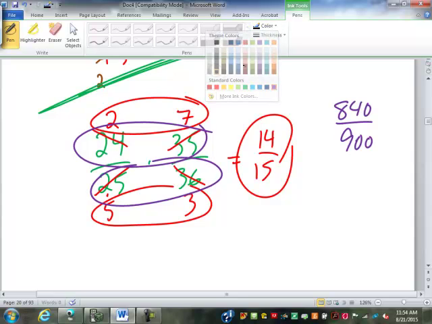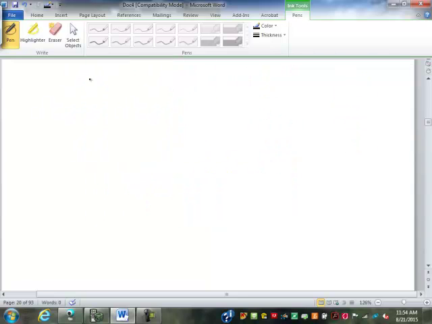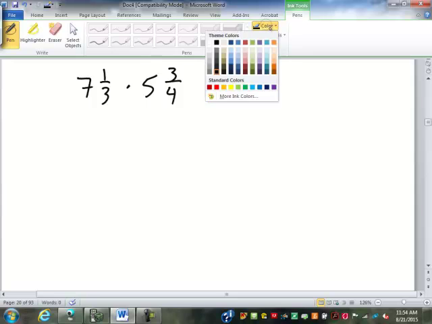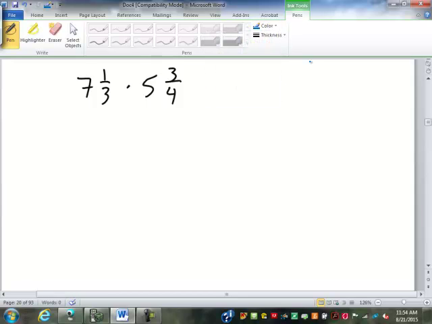Now, just like with the addition and subtraction, I'm not going to waste a lot of time on simple fractions. We're going to go to mixed numbers. We're going to look at something like 7 1/3 times 5 and 3/4. Multiplying mixed numbers is actually a very, very long and difficult process.